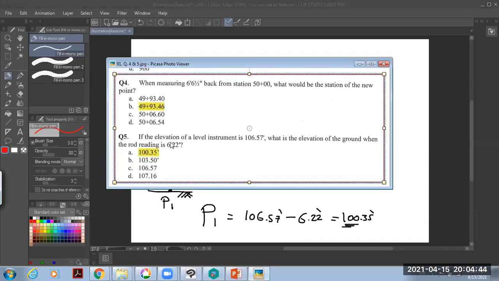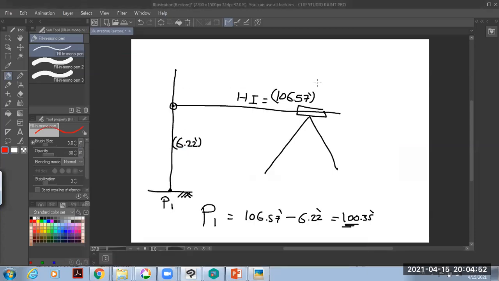If the elevation of the level instrument, meaning HI, is already given to you, and HI is 106.57 feet, and the reading here on the rod scale is telling you 6 feet 0.22 feet.